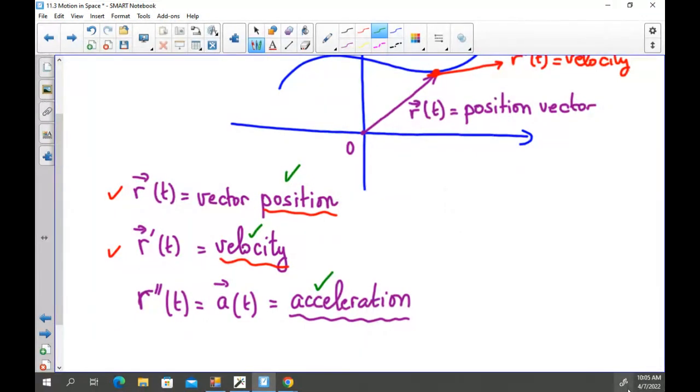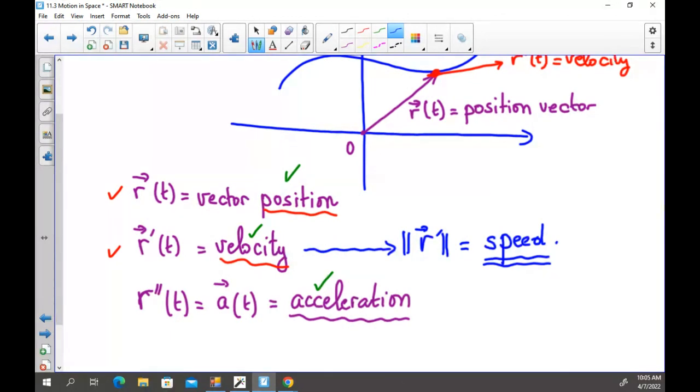Now, what is the speed? Do you know what the speed is? Yes, exactly. From the velocity, if we take the magnitude of this velocity, remember we used 2 lines like this, then this will give you the speed of this object, whatever it may be. That's basically what this section is about.